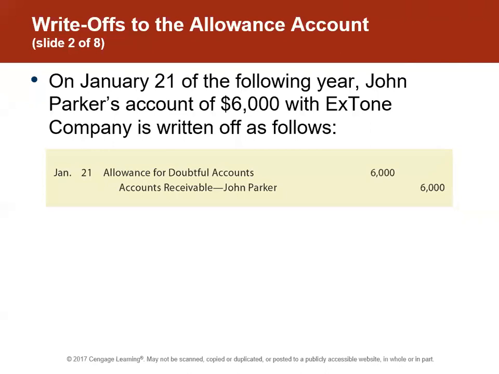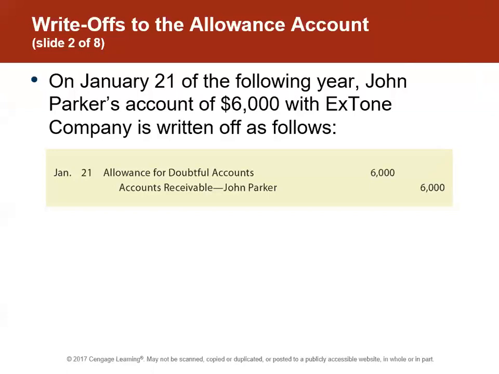Okay, I'll move out of your way. So what I've done is, I've just said total 30,000 is uncollectible out of this whole 200,000. That's what I originally said, right? So my net accounts receivable that I thought I would receive is 170,000. When I write off an account under the allowance method, what I'm saying is, of that 30,000, 6,000 is John Parker. So I debit allowance for doubtful accounts, which brings that balance down to 24,000, credit minus debit.